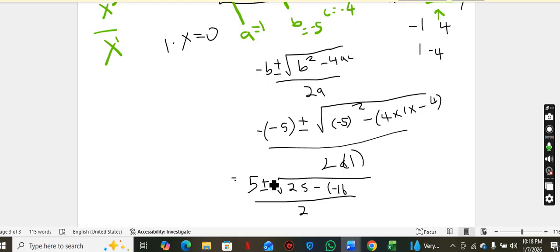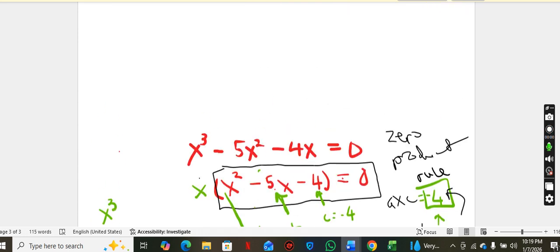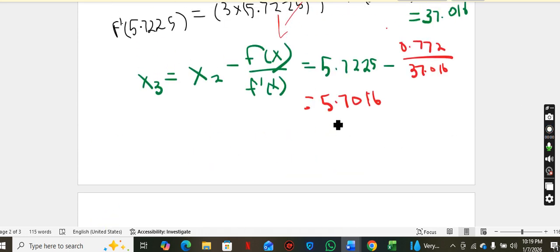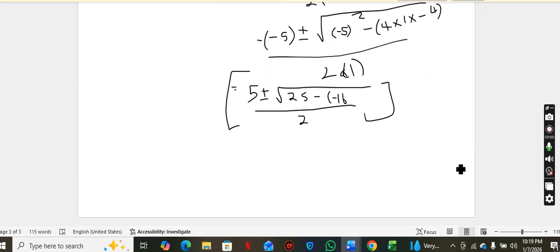So homework, colleagues: finish solving this quadratic equation. One of your roots is going to be 5.7. Yes, madam? It's going to be -0.7.